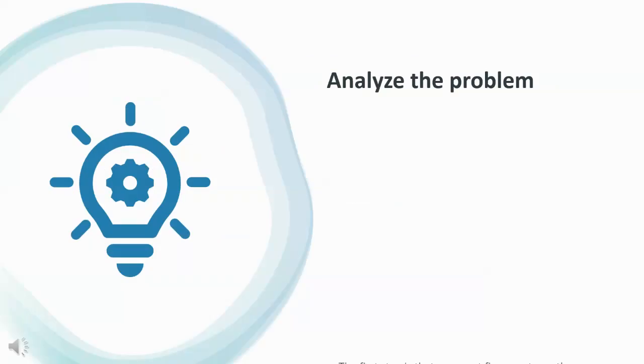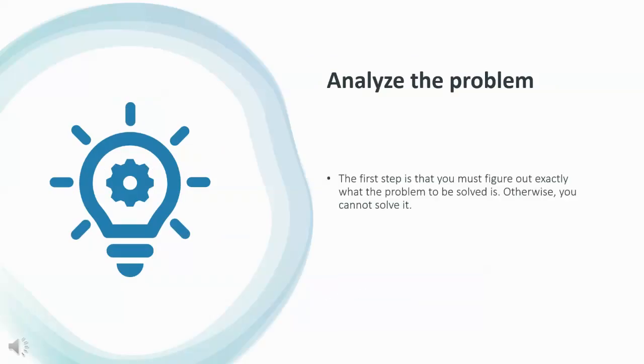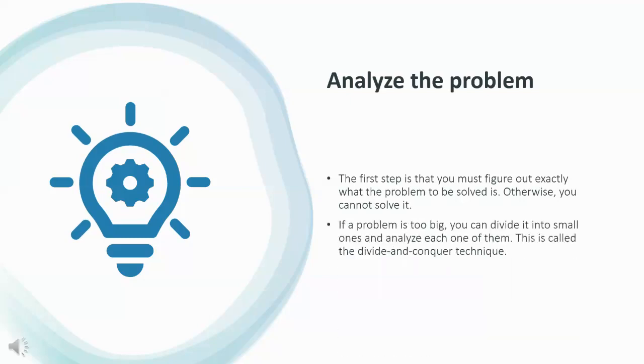Analyze the problem. The first step is that you must figure out exactly what the problem to be solved is. Otherwise, you cannot solve it. If a problem is too big, you can divide it into small ones and analyze each one of them. This is called the divide and conquer technique.